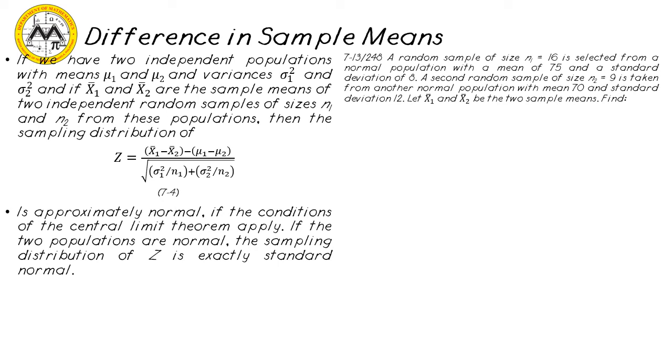So this is approximately normal if the conditions for the central limit theorem apply, and if the two populations are normal, the sampling distribution of z is exactly the standard normal.